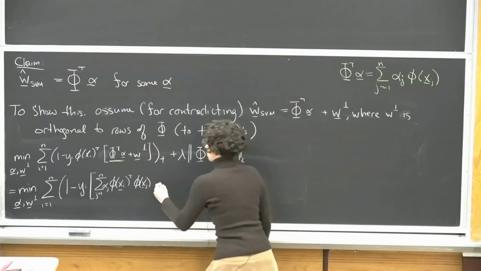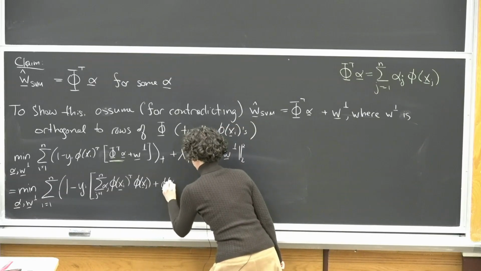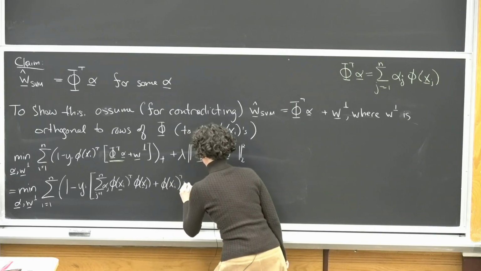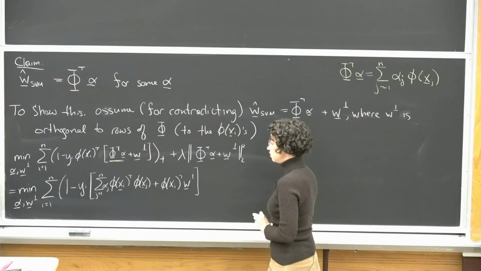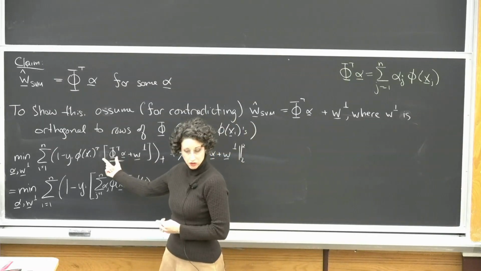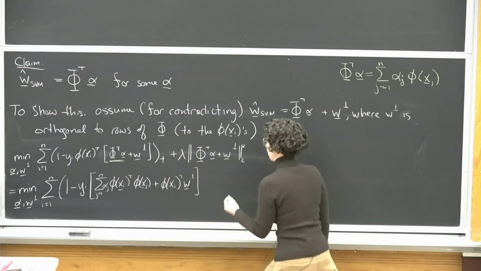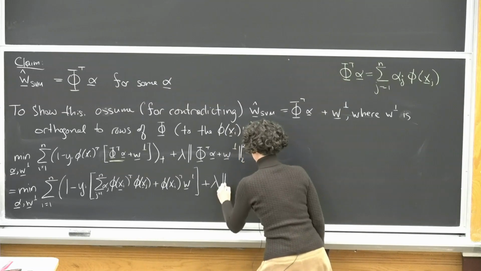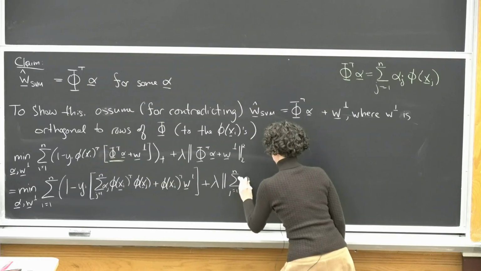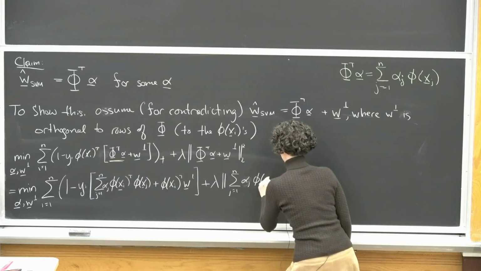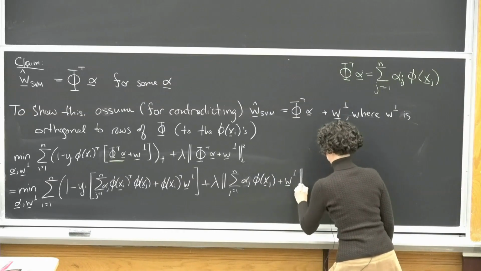And then I'm going to add to that phi of xi transpose w perp. So I've just expanded this out using what the matrix phi transpose alpha means. And then I'm going to have plus lambda. And again, I'm going to have the sum from j equals 1 to n of alpha j phi of xj plus w perp.